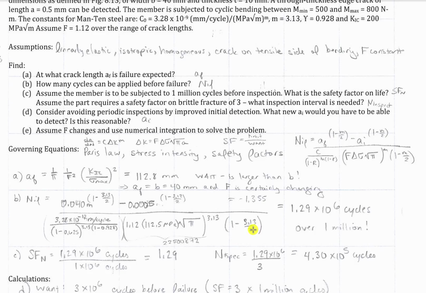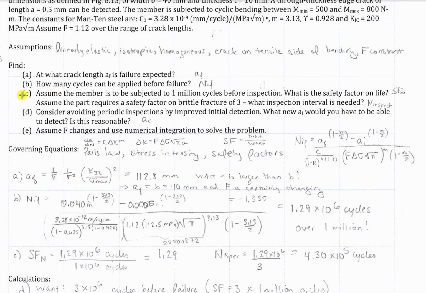A lot of times when I'm solving these, I will also just calculate this as a single value that I can easily check with people. It makes my calculator work a little bit easier, and makes it easier to isolate an issue or problem. If you plug all that in correctly, you should get about 1.3 million cycles. So we're looking at over 1 million cycles for this particular scenario. So that answered how many cycles can be applied before failure.